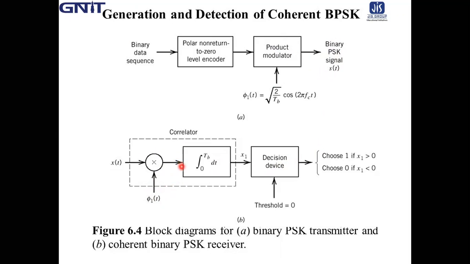The correlator output x1 is compared with a threshold of 0 volt in the decision device.